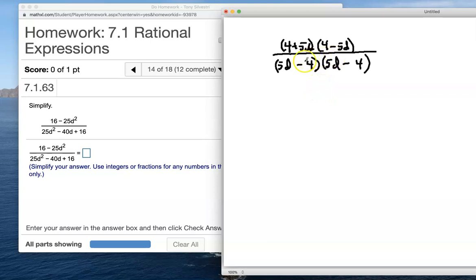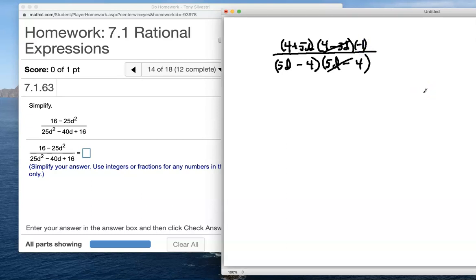Nothing is exactly the same top and bottom. But I do notice a relationship between this and this. 4, negative 4. That's an opposite. Negative 5d, 5d. Those are opposites. I can cancel those. Leave a minus 1 in its place. Okay, leave a minus 1 in its place.